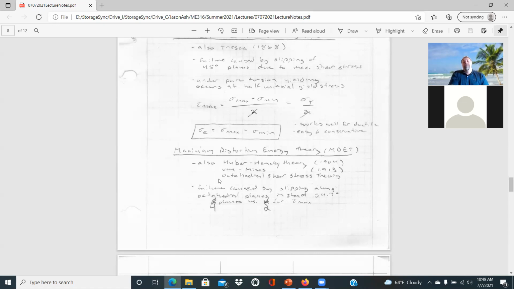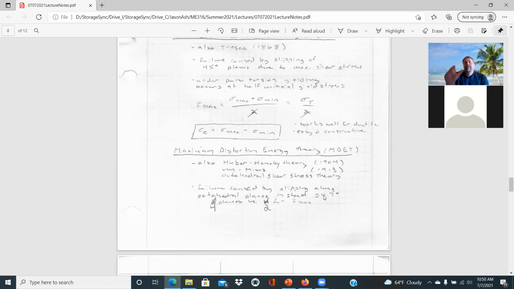But what these individuals propose then is that failure is caused by slip along the octahedral planes that occur at 54.7 degrees, as opposed to the maximum shear planes at 45 degrees.